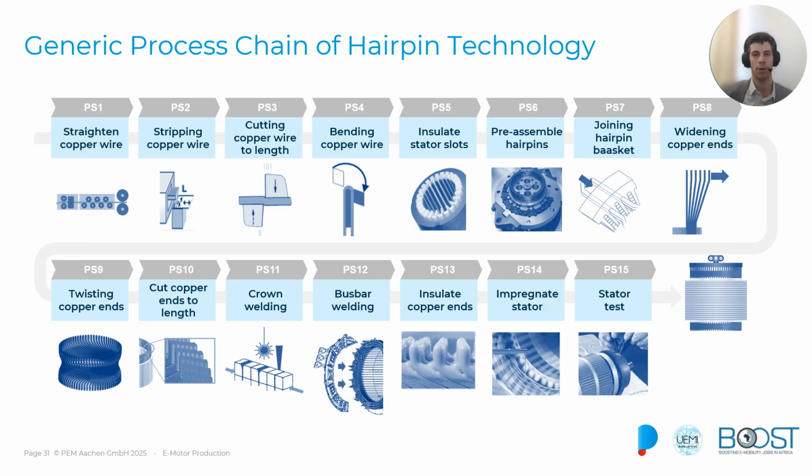In step number 12, we add the bus bar to the stator, and in step 13, we insulate the copper ends by potting. After that, we insulate the stator with a resin in a trickling process. The last step, number 15, is the electrical testing of the stator to ensure the functionality.